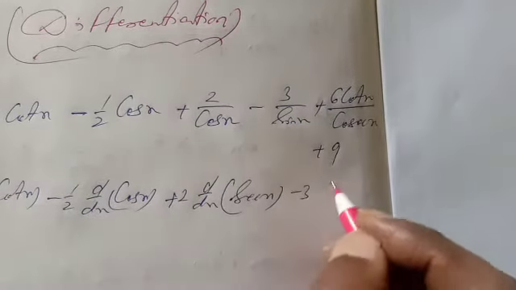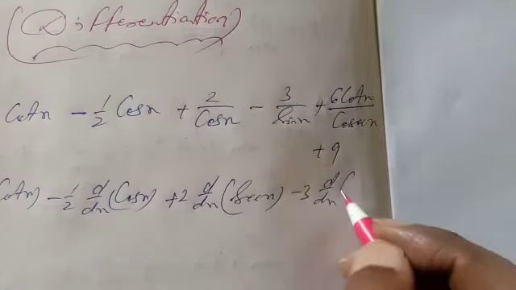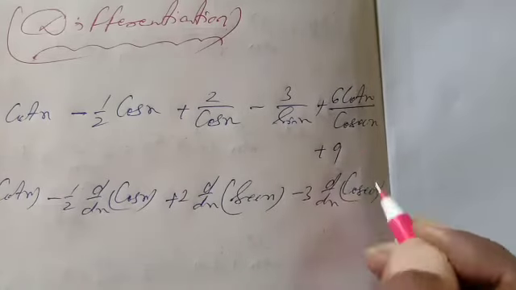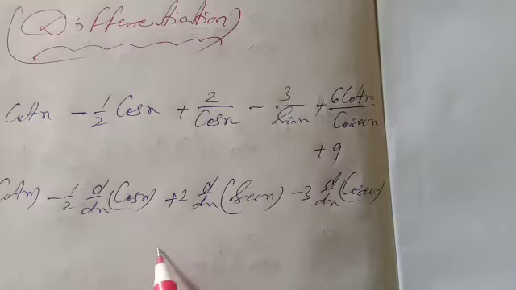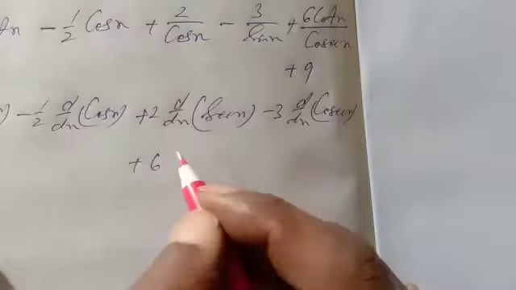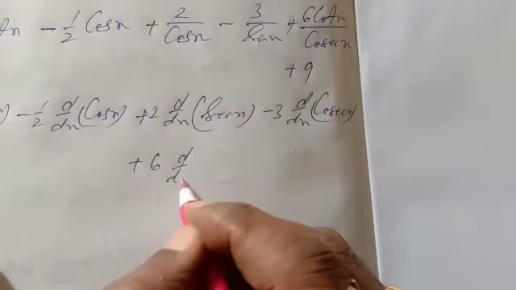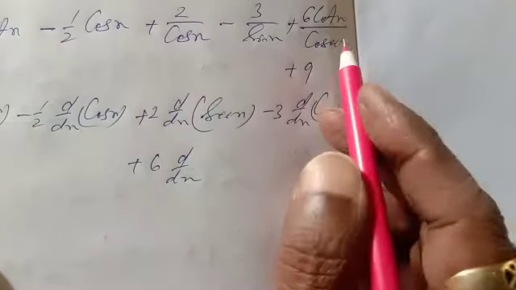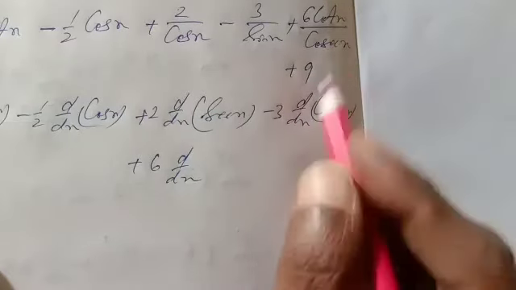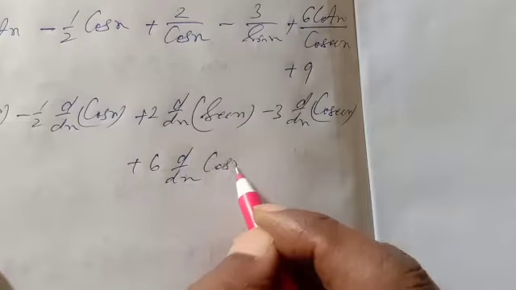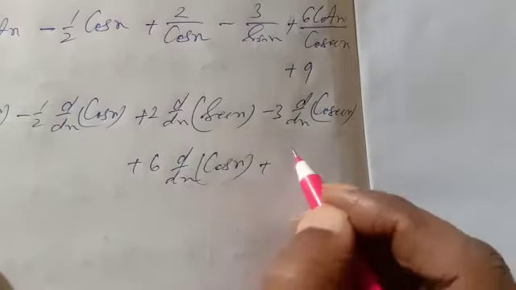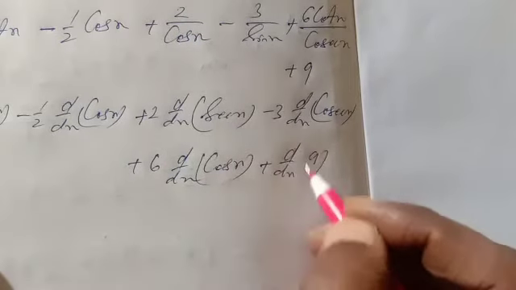Minus 3 taken outside, d by dx of 1 by sin, which means cosec x. After that plus 6 taken outside, d by dx of cot by cosec, which means cos x by sin x times 1 by sin x, this will finally be cos x, and plus d by dx of 9.